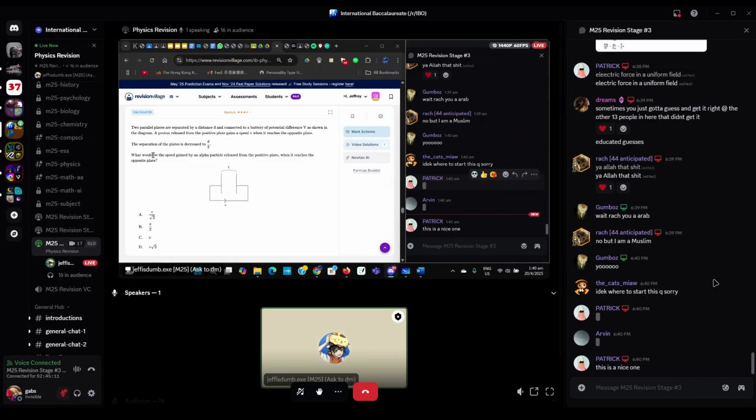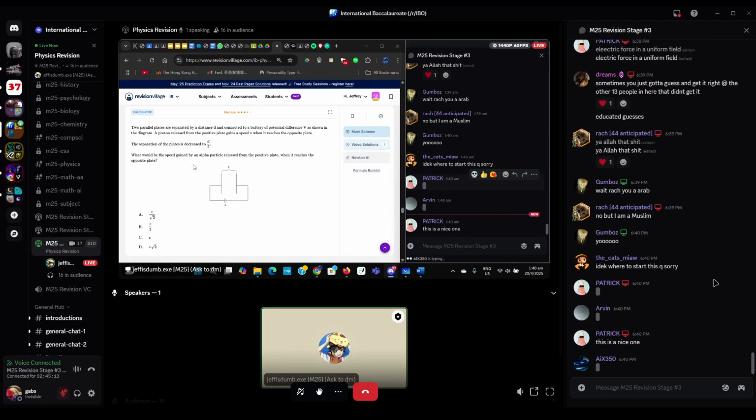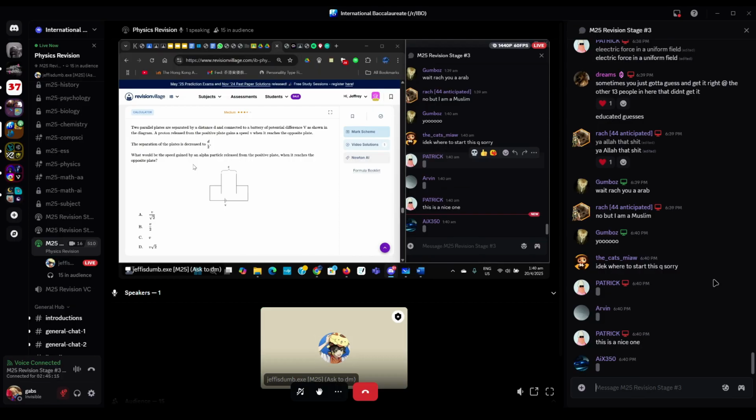And pay attention that now you have an alpha particle and not a proton. I think the trick is realizing the difference between a proton and an alpha particle.